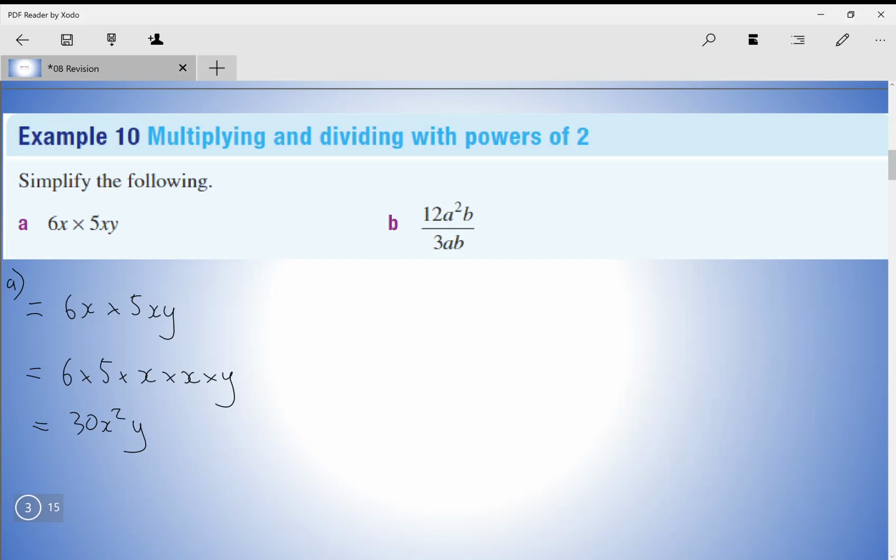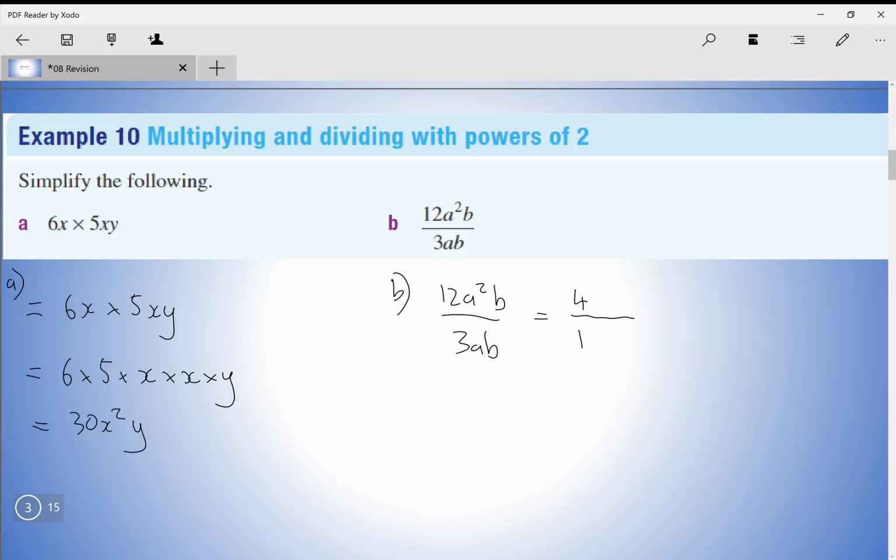That's example A. And example B over here, dividing when we have algebraic terms. 12a squared b over 3ab. Again, it's a good idea to start with the numbers. 12 divided by 3. 3 goes into 12 4 times, and 3 goes into 3 1 time.